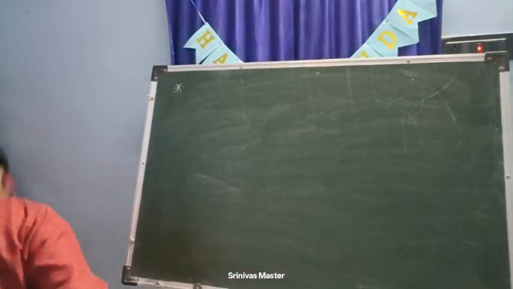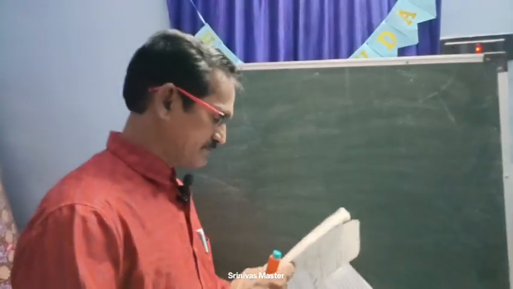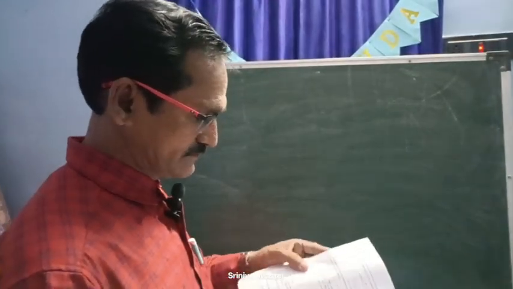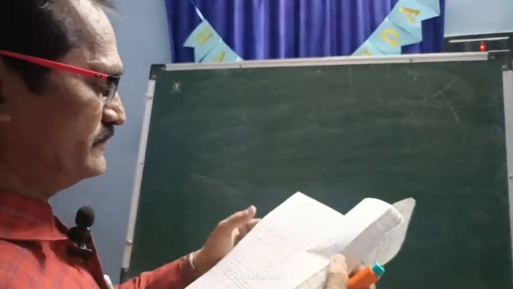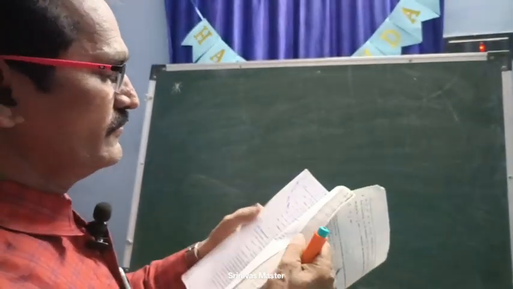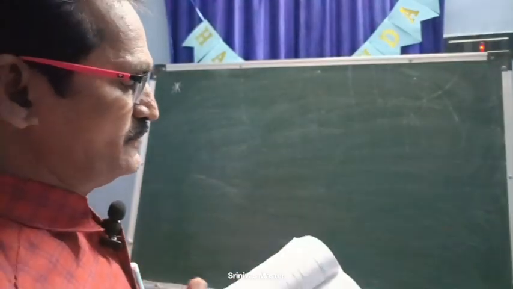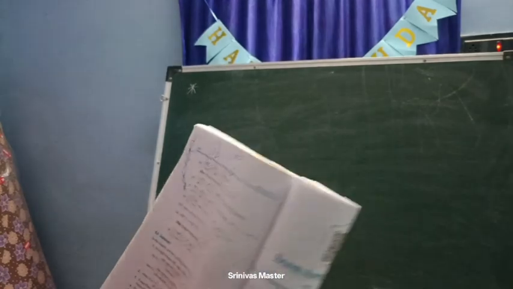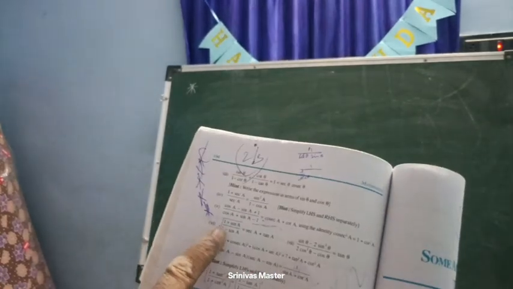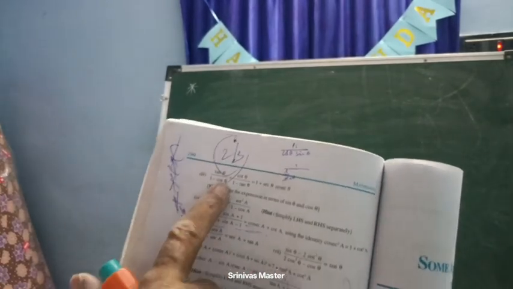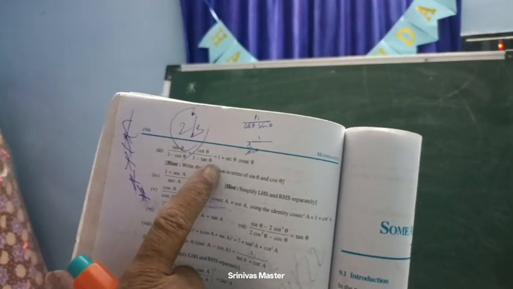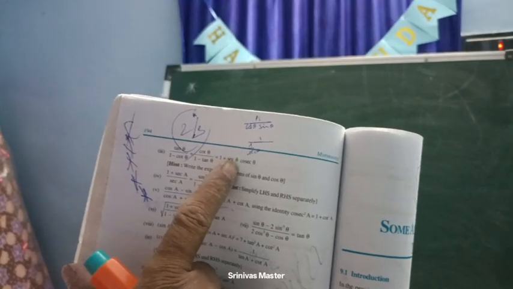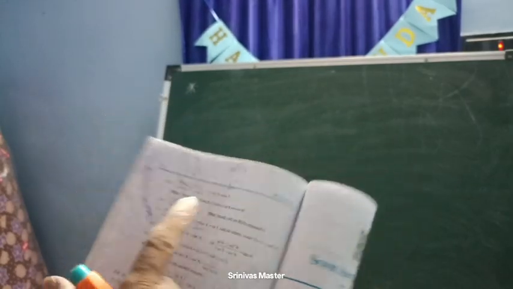See children, what is the next problem? This is the problem. See children, what is given? Tan theta by 1 minus cot theta, plus cot theta by 1 minus tan theta. It is equal to what? 1 plus sec theta into cosec theta, right?